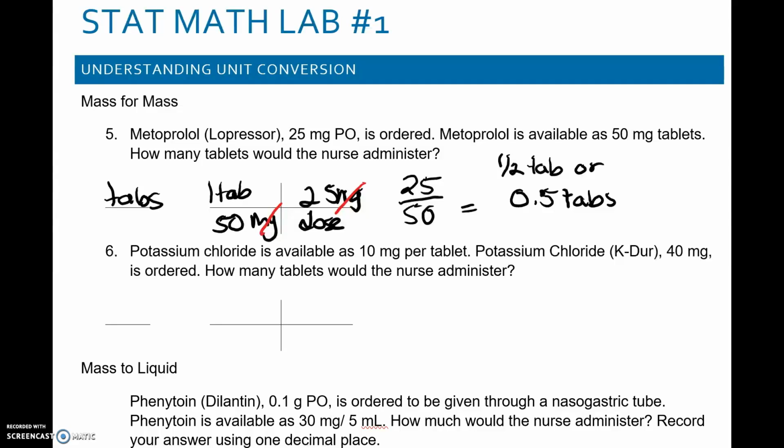Okay. Potassium chloride is available in 10 milligrams per tablet. Potassium chloride or K-Dur 40 milligrams is ordered. How many tablets will the nurse administer? Again, tabs is what we're looking for. We know that one tablet equals 10 milligrams and 40 milligrams is what's ordered.